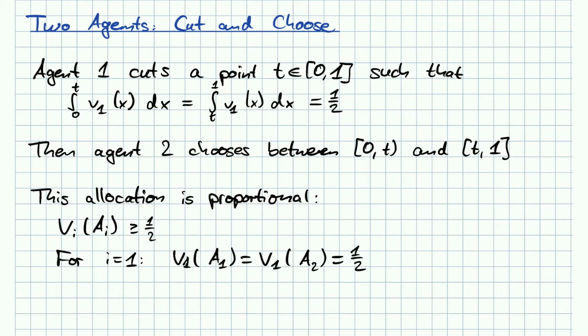They value both of them at 1/2. And for agent 2, what do we have there? There, of course, we have that they are choosing, so the value for this piece has to be at least the value that they have for that other piece.